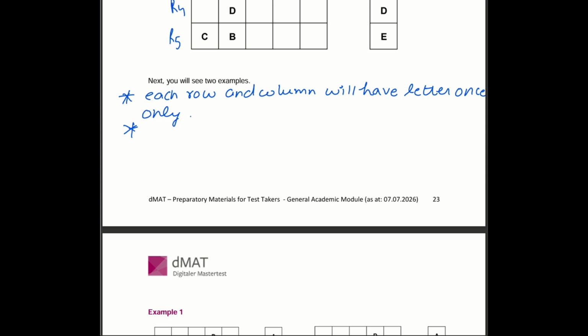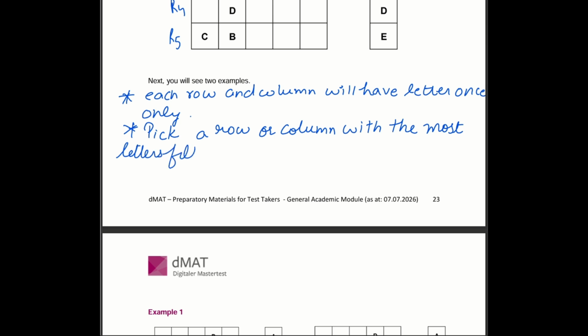Second, you are going to get some low level, mid level and high level questions. If you have to solve other rows or columns to find your answer, pick the row or column with the most letters filled. First of all, you have to solve that, and then you will find your next answer.